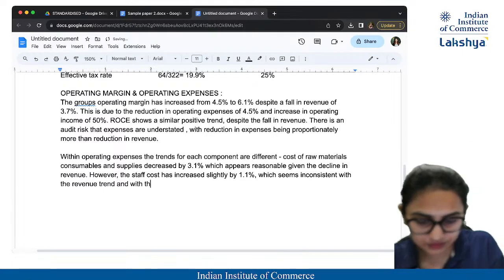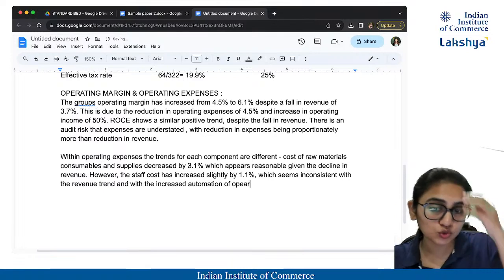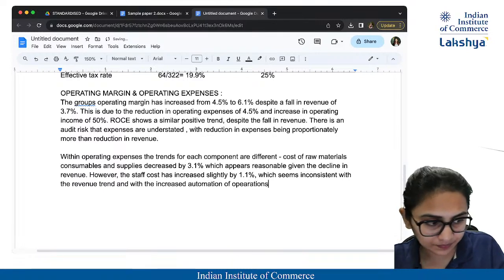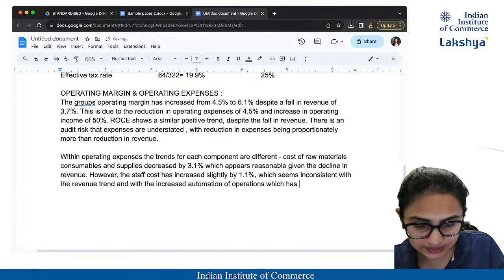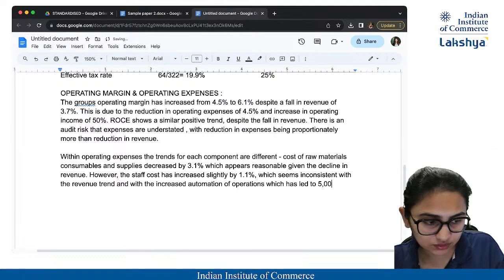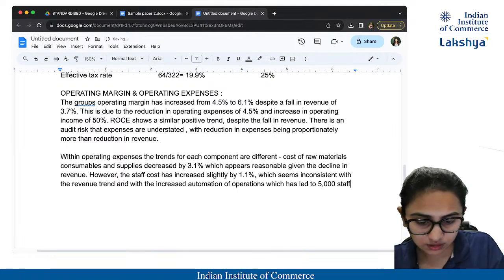And with the increased automation of operations, that is, now they have switched to robotics, right? Which has led to 5,000 staff being made redundant.